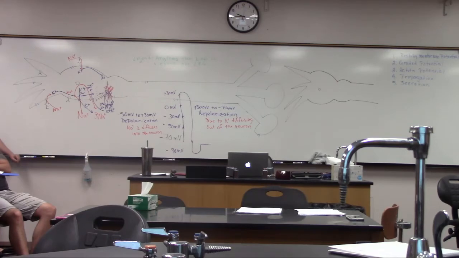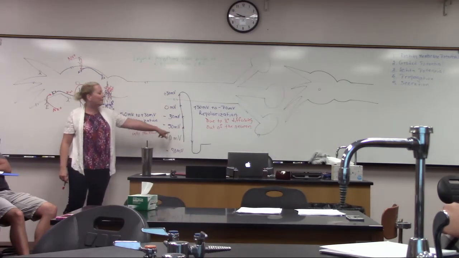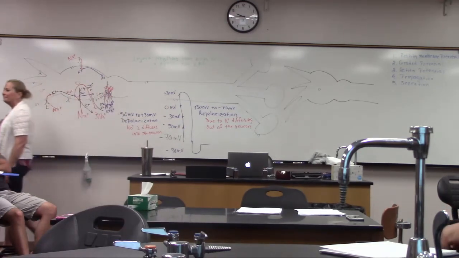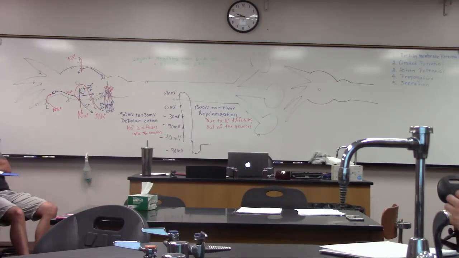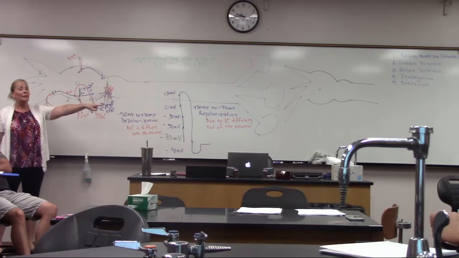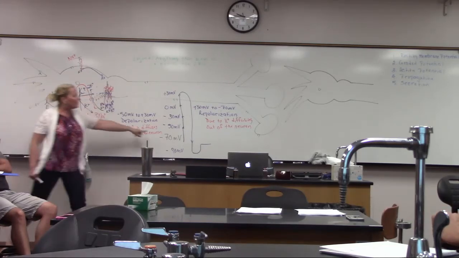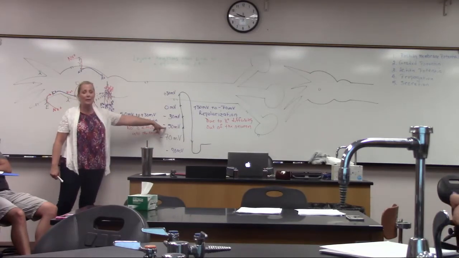Okay. When it got to negative 50. Okay, so we had to get to minus 50 millivolts. How did we get from minus 70 to minus 50? Potassium accumulation. So when that potassium accumulated here the first time, that's what changed us from minus 70 to minus 50.